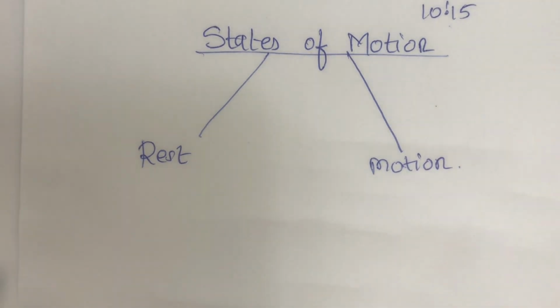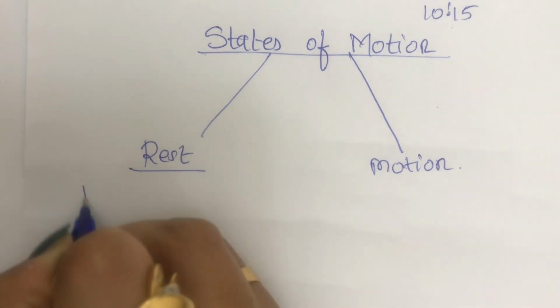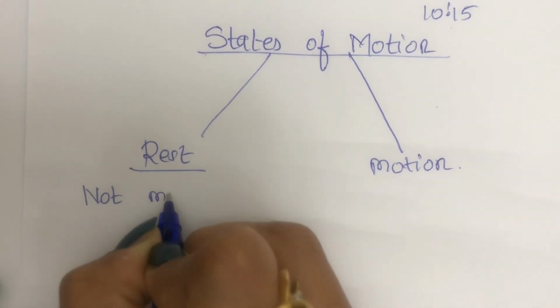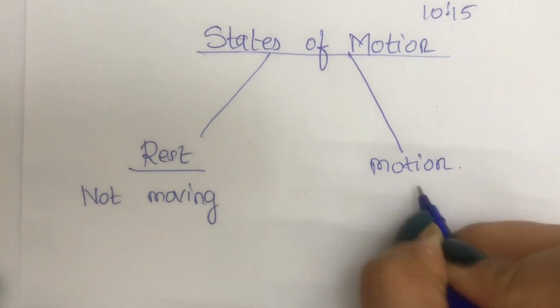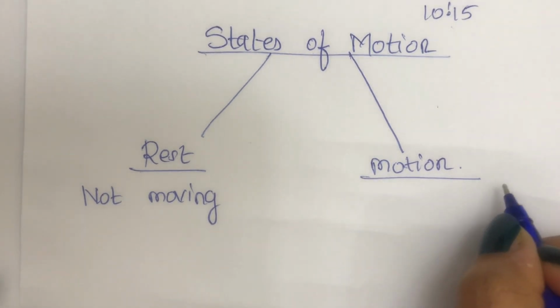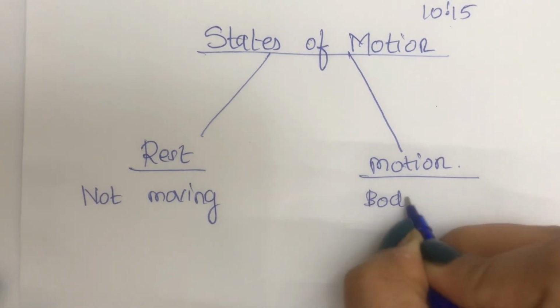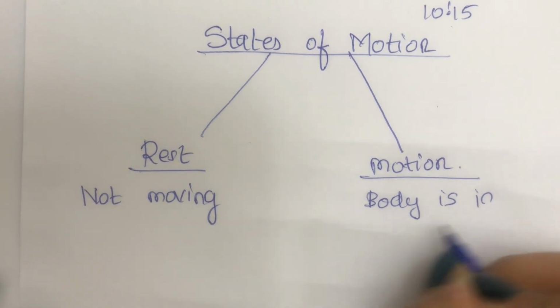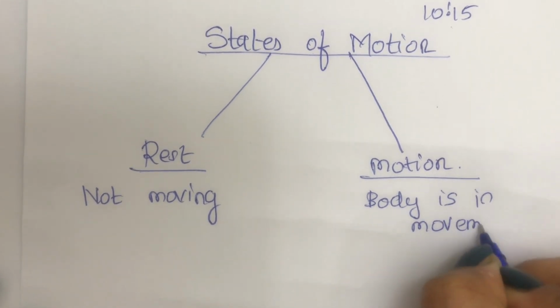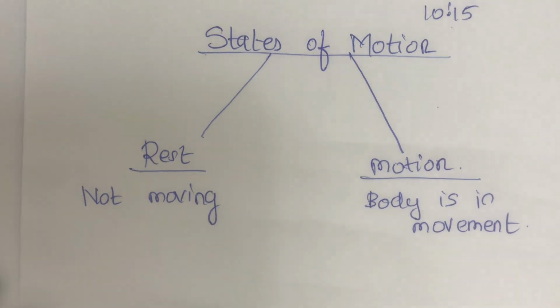So whenever your body is in movement, you are in motion. Whenever your body is not moving, you are at rest. That is, what is rest? Not moving. What is motion? Body is in movement, right?